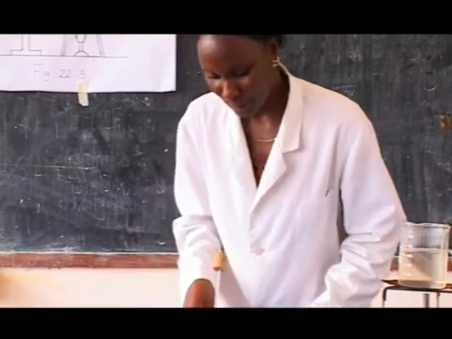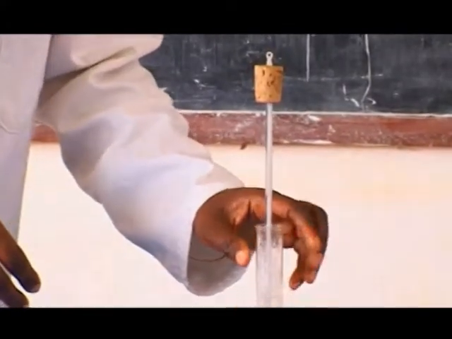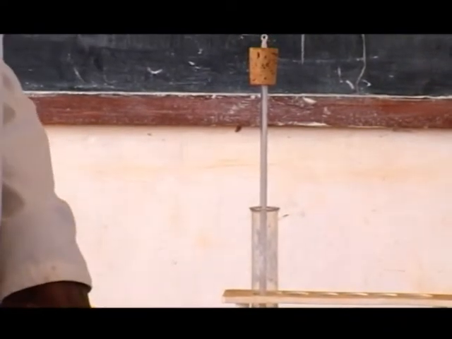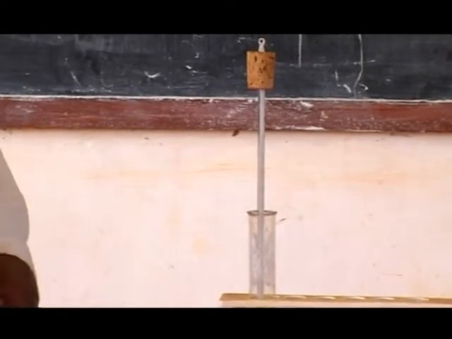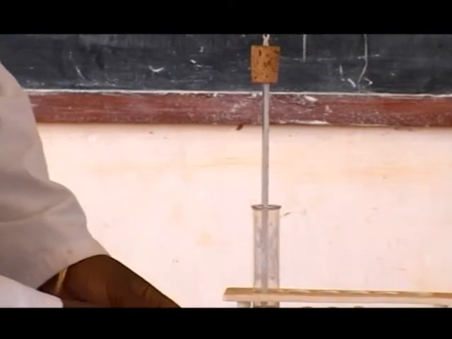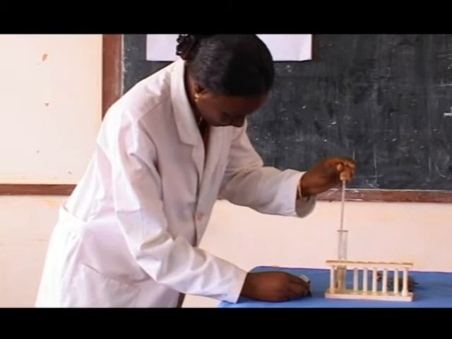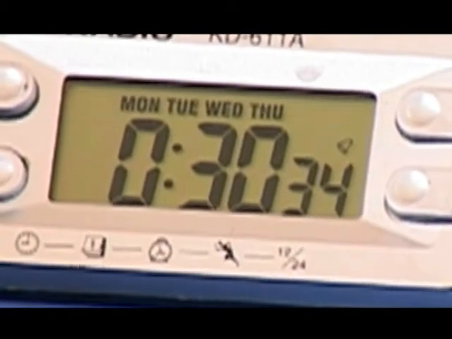Start to record the temperature at intervals of 30 seconds until it reaches 50 degrees centigrade. After 30 seconds, record the temperature.